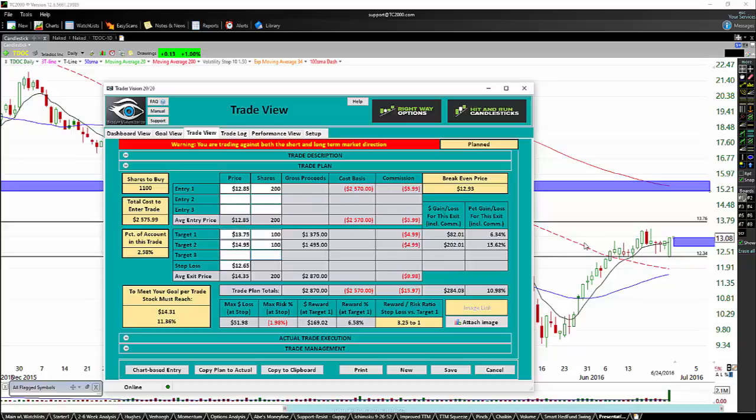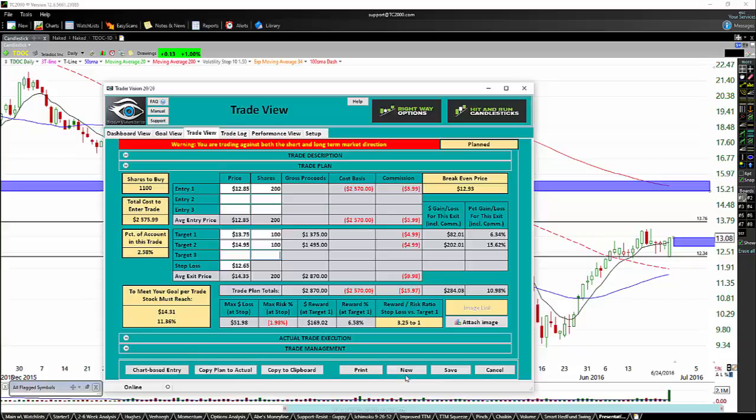Even though that first target is not going to meet our goals for the trade, we can certainly meet our goals well before we run into our upper resistance here, which would probably coincide with the 200-day moving average at that point. And so this is something I'm going to consider taking.